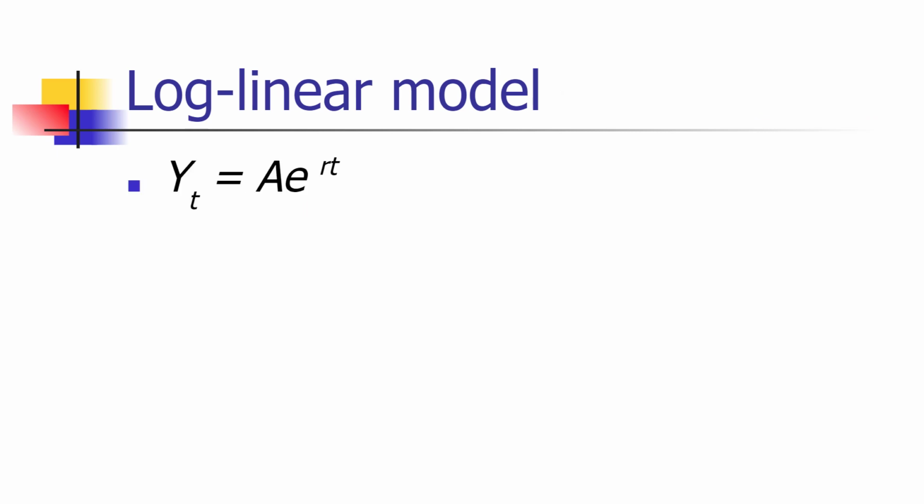We use this relationship quite often when we have a variable that's growing at a constant rate of r. You may have seen in some other class this relationship, which tells you the value of a variable that's growing at a constant rate of r, and t is the time period here.